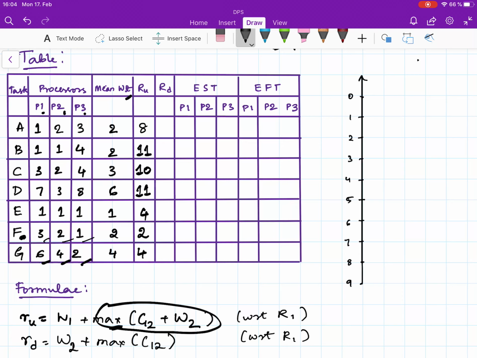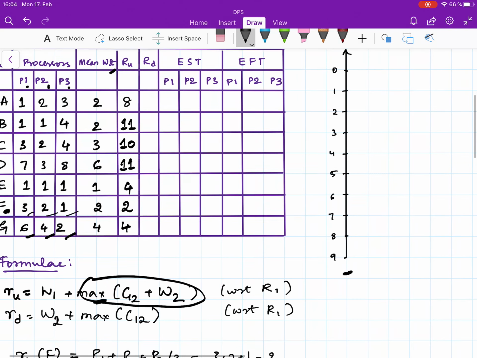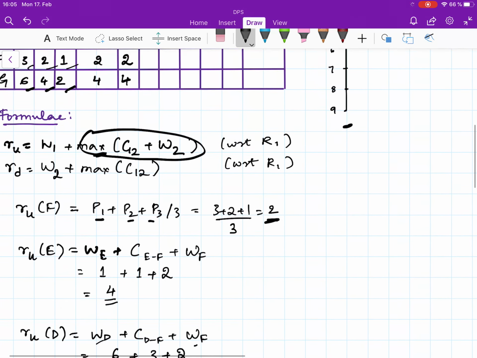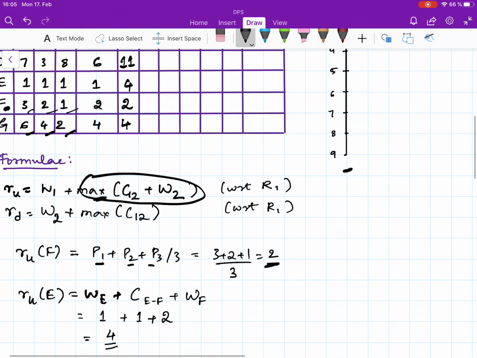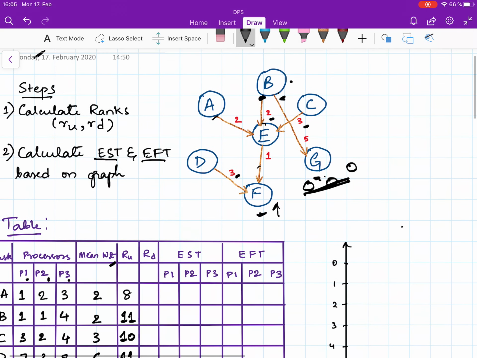You do not normally need RD values for calculating the EST and EFT to draw the final schedule, which I'm going to draw here. But anyways, let us calculate that as well. As you can see, the RD formula is a little different, with fewer values. As you can expect, we started from below for the RU, right?